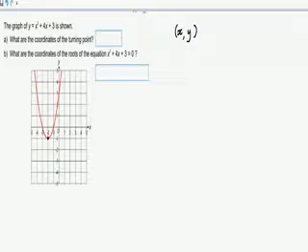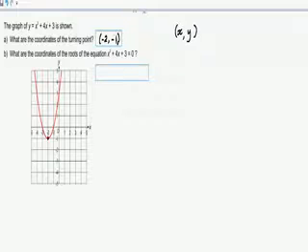Okay, so x here is -2 and y is -1. And that's it. That really is it.